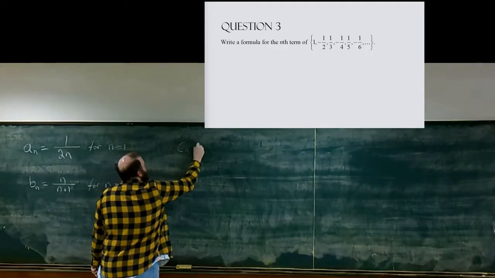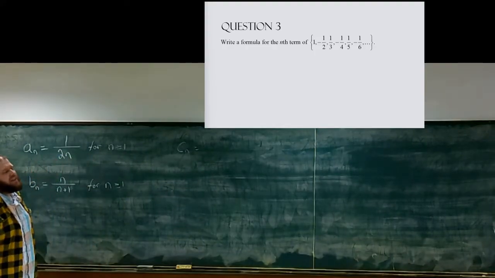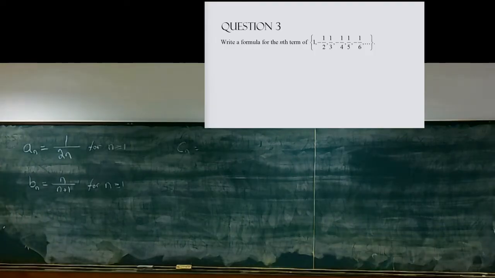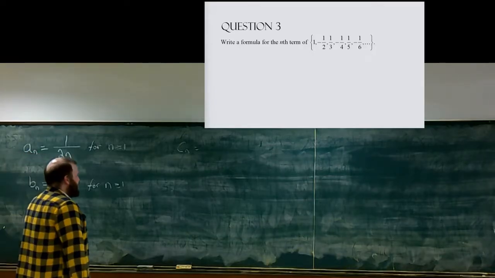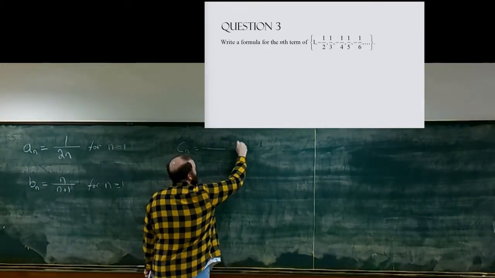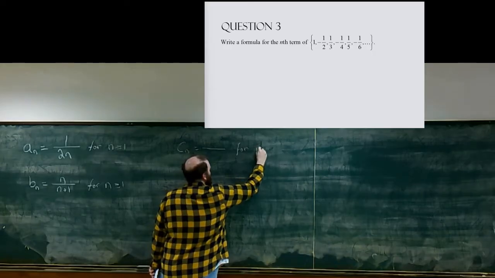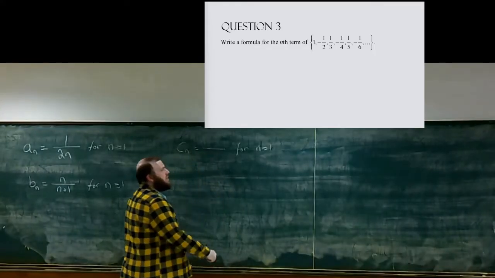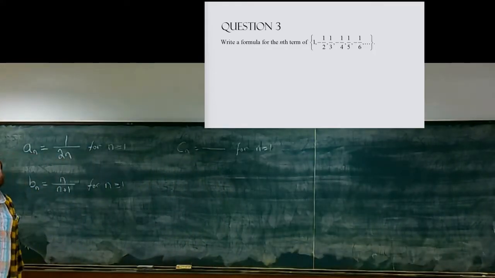Call this C sub n. 1, negative a half, a third, negative a fourth, a fifth, negative a sixth, so on and so forth. Now let's start at 1.